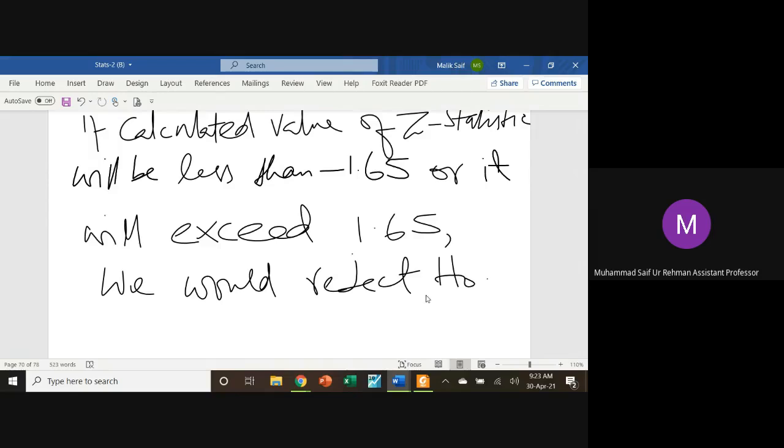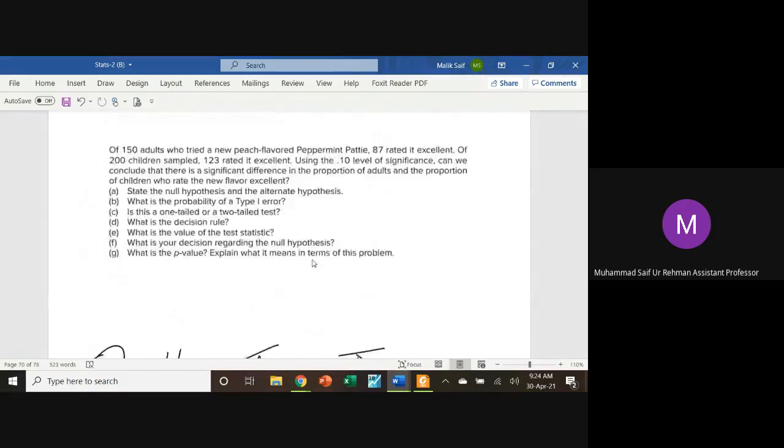So this is the decision rule that you have devised.